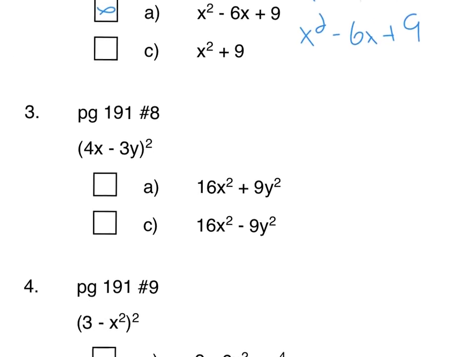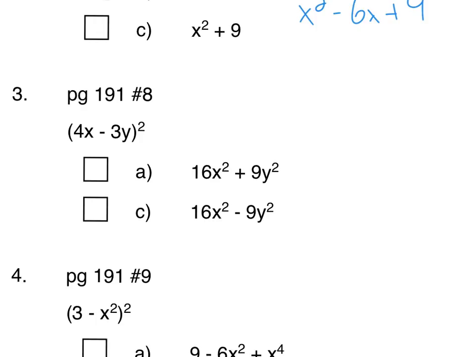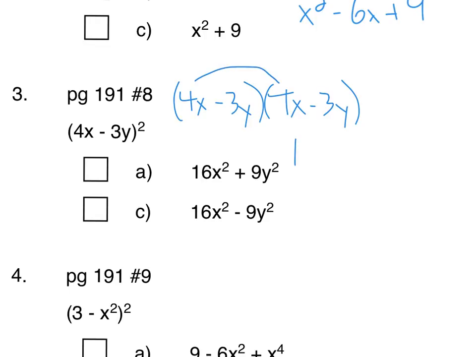Okay, number 3. You get 4x minus 3y times 4x minus 3y. Now, just because we have an x and a y, the process does not change. You distribute. So 4x times 4x is 16x squared. 4x times a negative 3y. 4 times negative 3 is a negative 12.